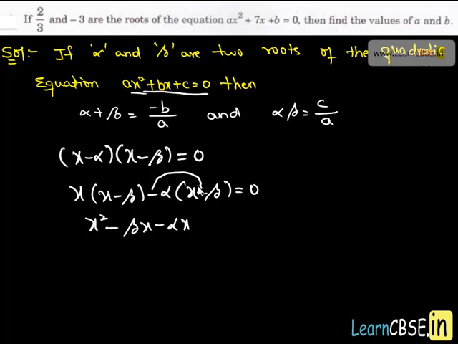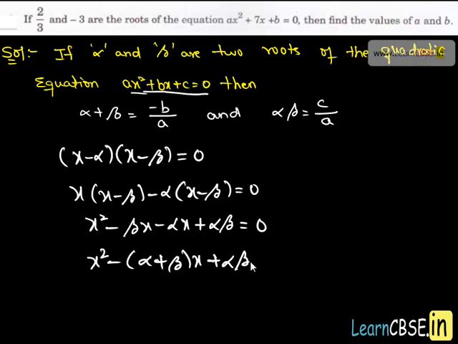Here the product of two negatives will be a positive, therefore plus alpha times beta, which is equal to 0. On taking negative sign and x as common, we have alpha plus beta times x plus product of the roots. Therefore, by calculating their sum and product and substituting in this equation, we can obtain a quadratic equation.